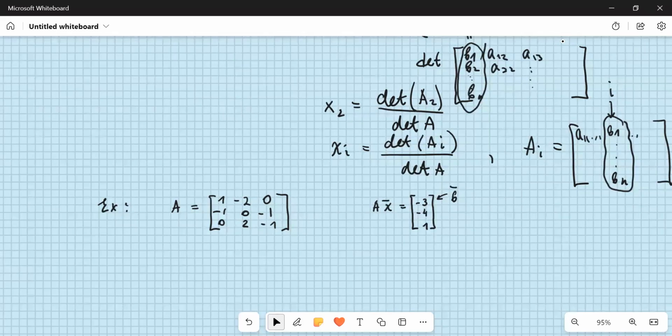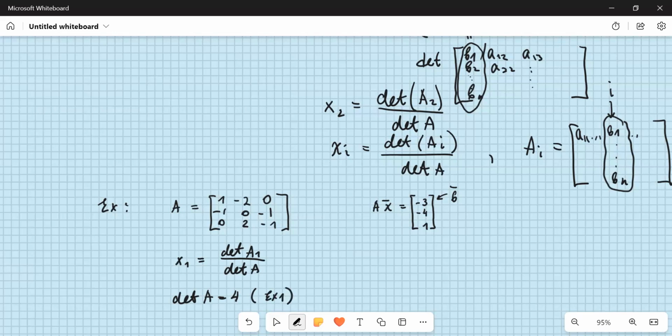And we are going to use Cramer's rule to calculate, for example, x1. So according to Cramer's rule, x1 is going to be determinant of matrix A1 over determinant of matrix A. We already know that determinant of matrix A is equal to 4.